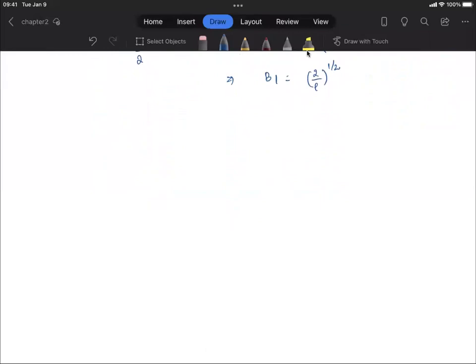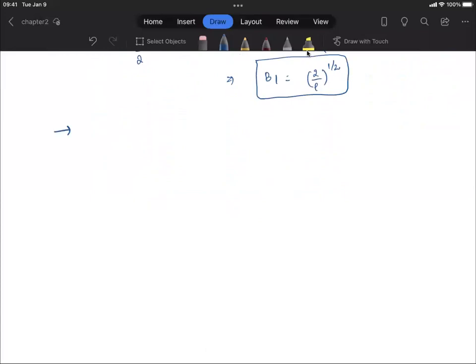Right? So this is the normalization constant we have when we choose the origin to be at the left end of the box. And we have the same normalization constant when we choose the origin to be at the center of the box as well.